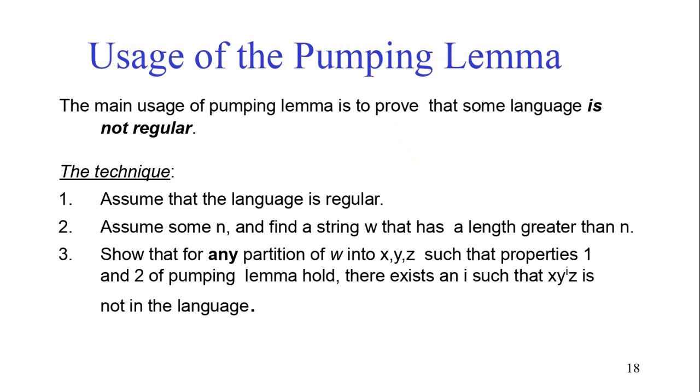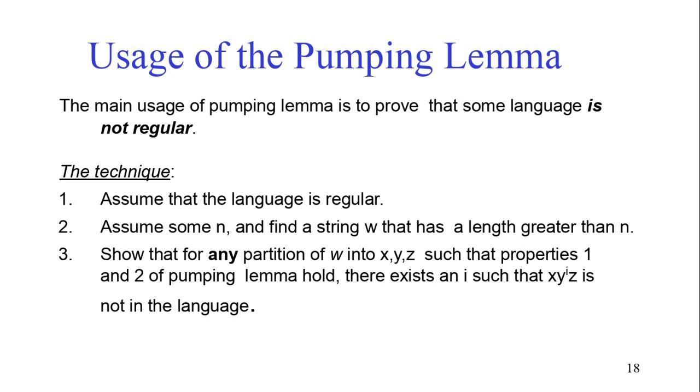So basically, pumping lemma is not used to prove that a language is a regular language. On the contrary, it is used for proving that a given language is not a regular language. In order to do so, we first assume the language to be regular, and then we find x, y, and z substrings and apply the properties of the pumping lemma on that.